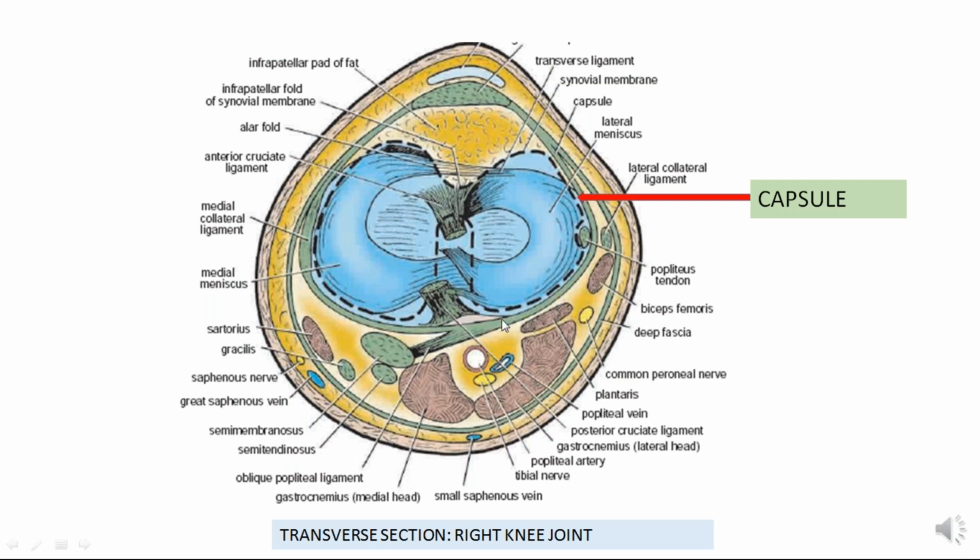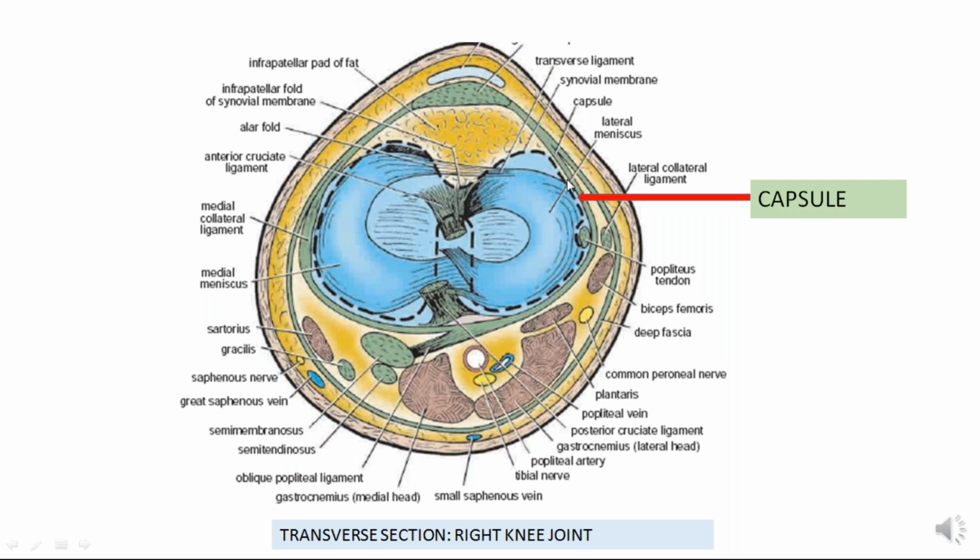We just completed the capsular attachments, the extent of the capsule and the structures strengthening it. Now let's trace the capsule from front to behind. So this was the capsule, and we can clearly see that the capsule is absent anteriorly and is replaced by what? What is the structure? Yes, this is the ligamentum patellae.